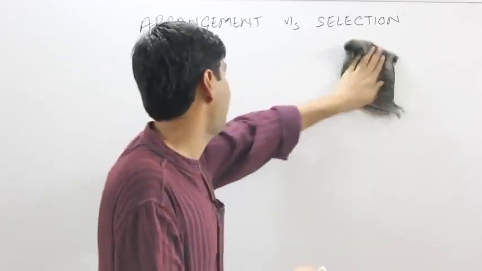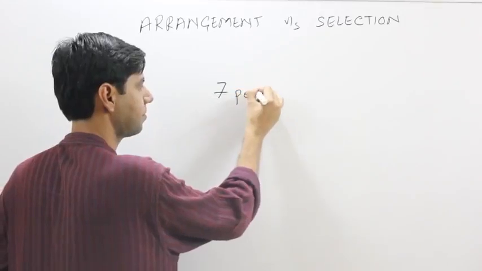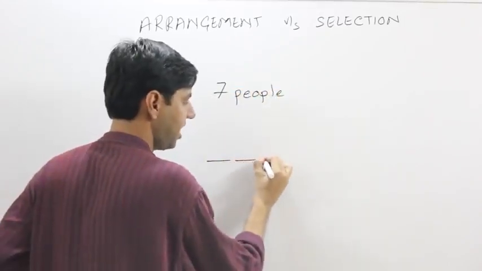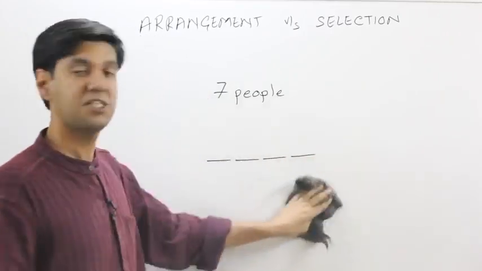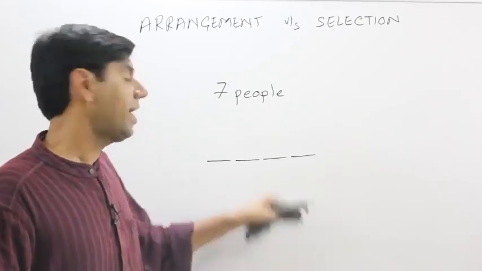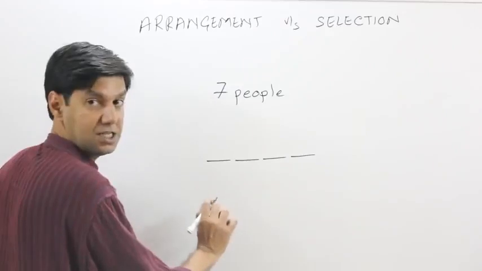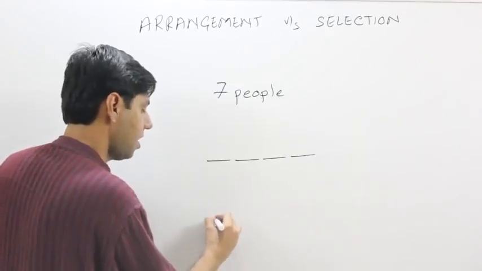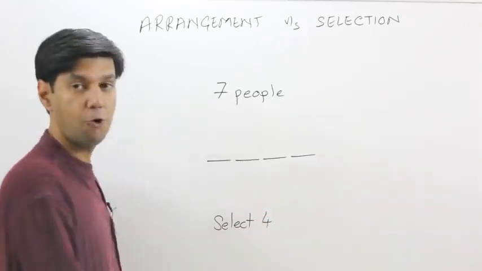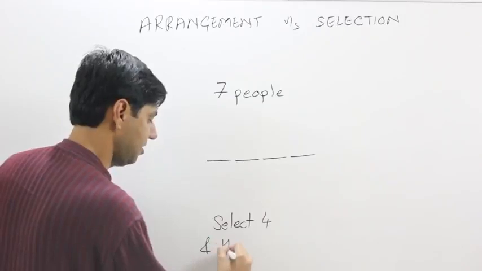Remember the situation where we had 7 people and there were 4 chairs. In how many ways can the chairs be occupied? Quite a few of us are going to think that this question first involves selecting which 4, selecting the 4 who are going to sit in these positions, and then arranging.